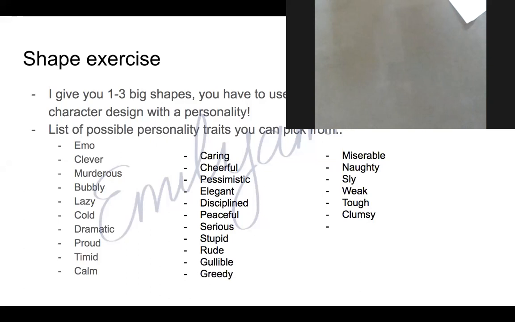Do we have to use the exact shapes or just generally? Try to use the exact shapes. Okay.